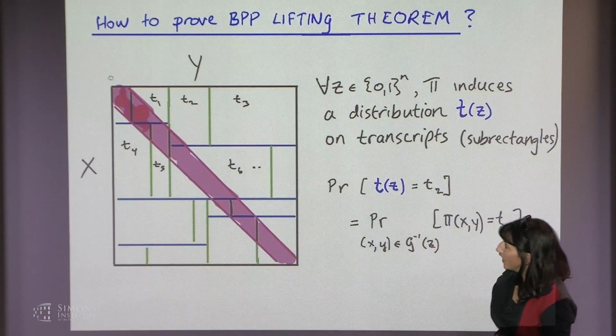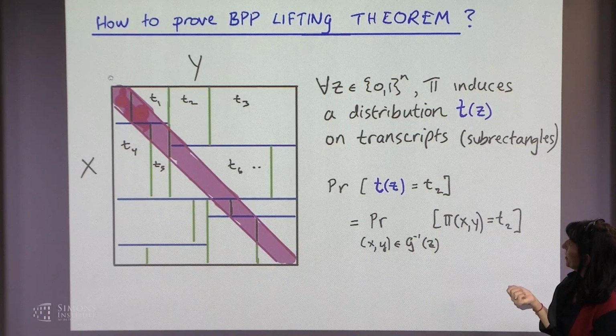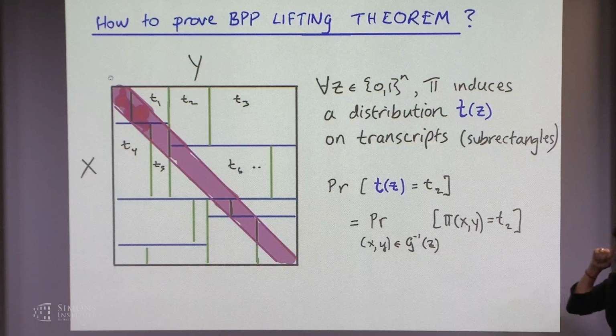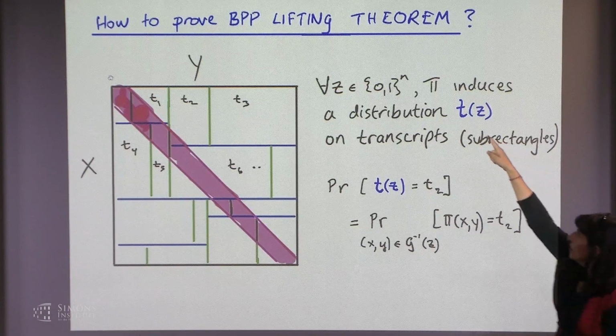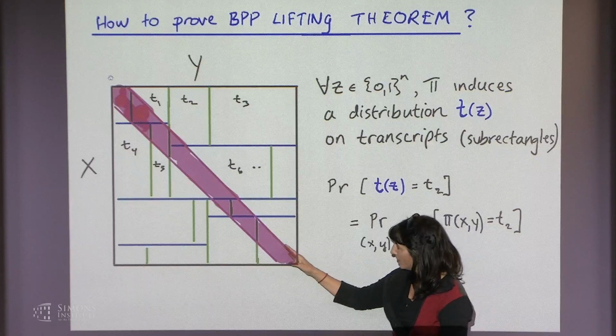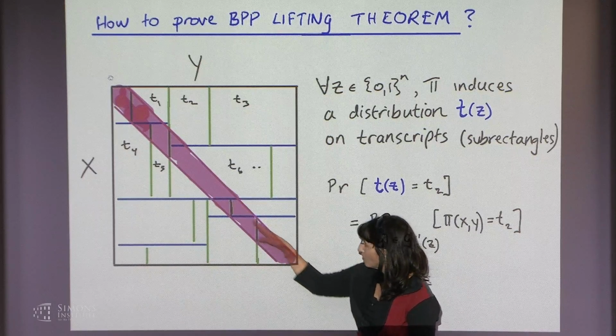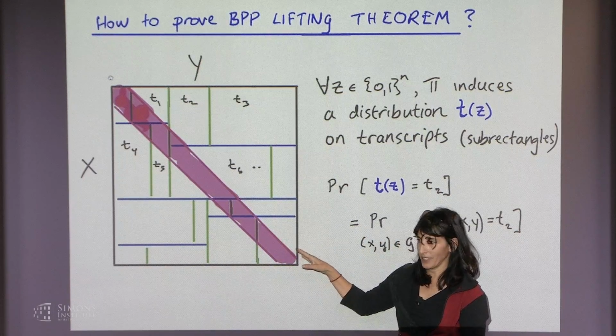Imagine that for a particular value of z, like the all zero string, you run the protocol pi uniformly over all the xy pairs in this slice.